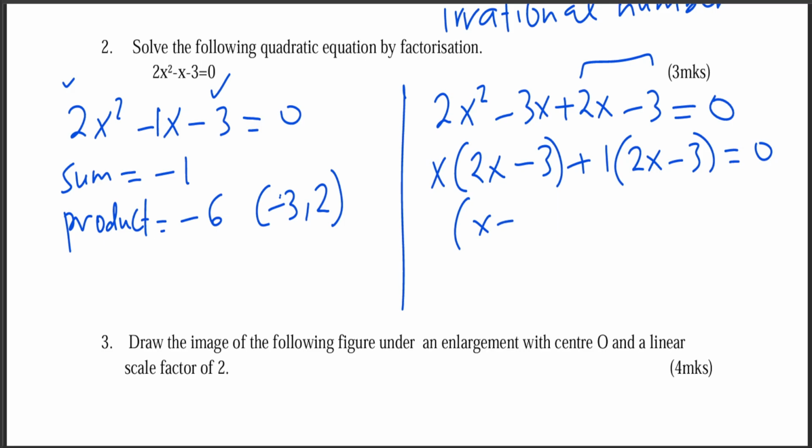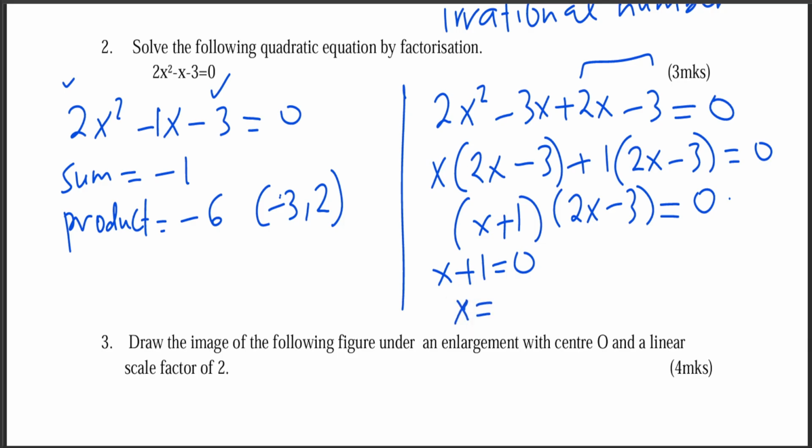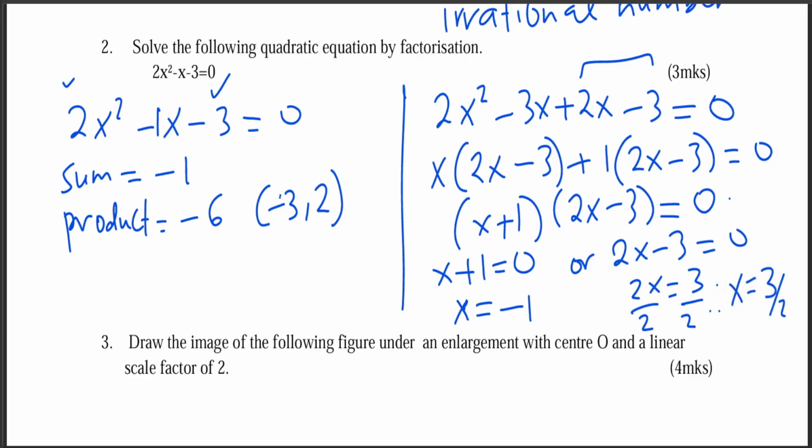Bring the x plus 1 together and write 2x minus 3 once, even if it appears twice you write it once. Then x plus 1 times 2x minus 3 is equal to 0, and we equate each factor to 0. x plus 1 equals 0 gives x equals -1, or 2x minus 3 equals 0, 2x equals 3, divide by 2, so x is 3 over 2. That is x1 and this is x2.